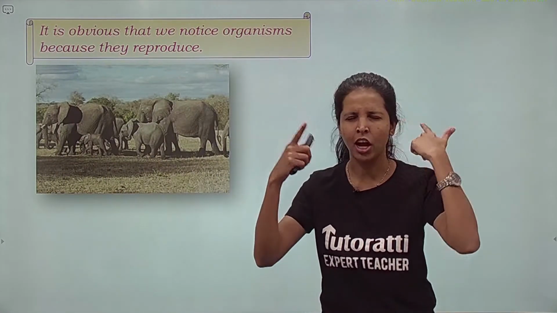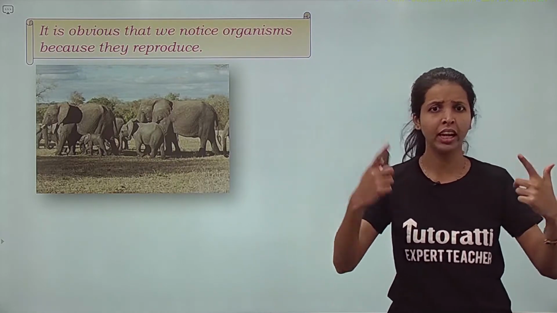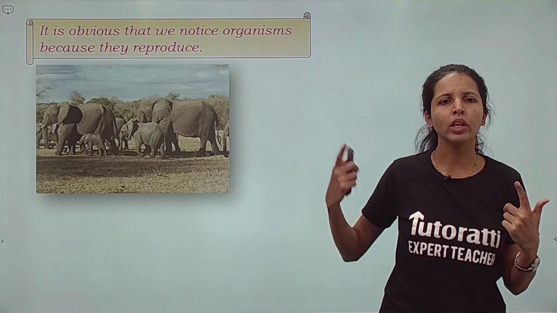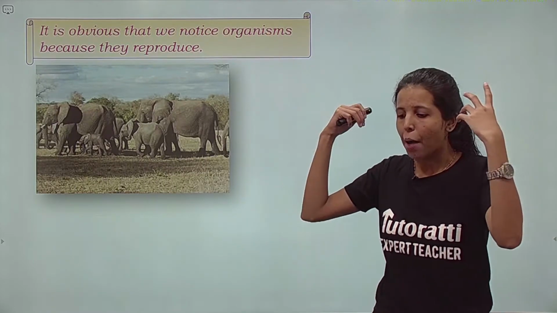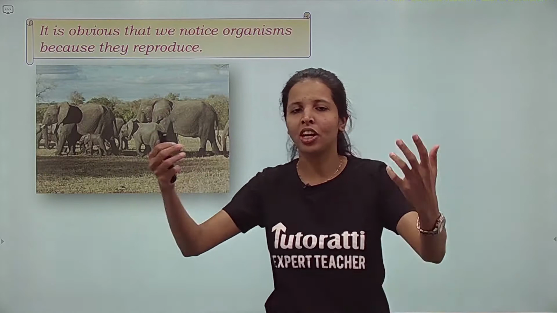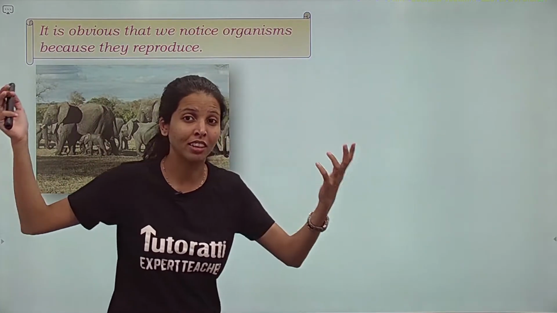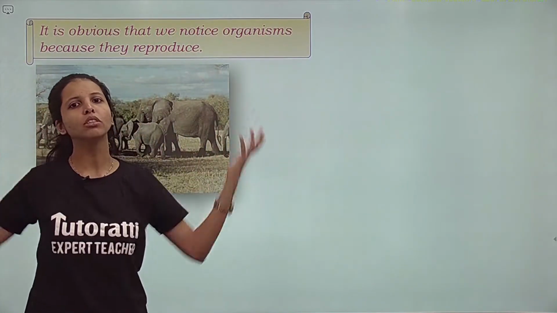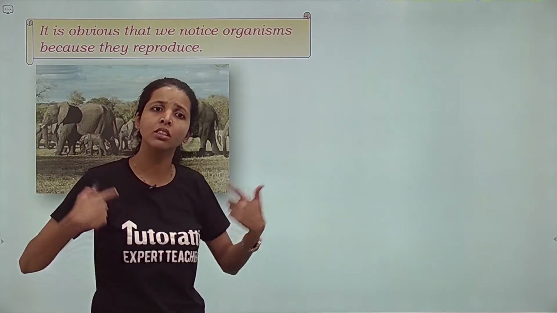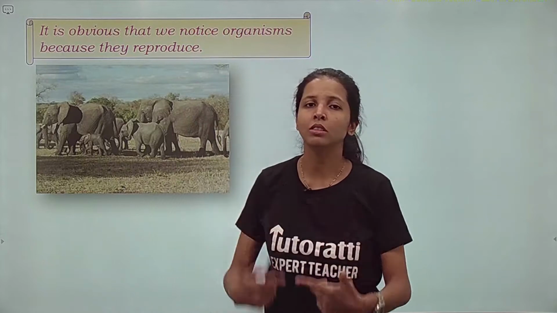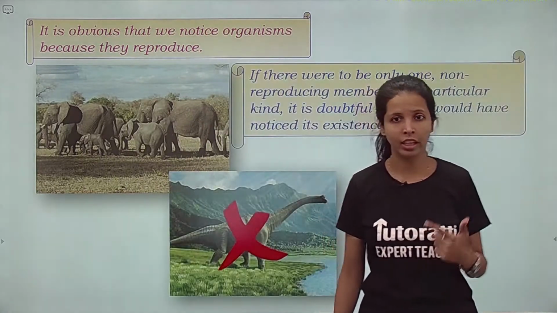Absolutely correct. By now you all must have got the idea of it. It is obvious that we notice organisms because they reproduce. As soon as you go outside, you see cats, dogs, trees, crows, because they are present in large numbers. How are they present in large numbers? Because their individuals kept on reproducing.